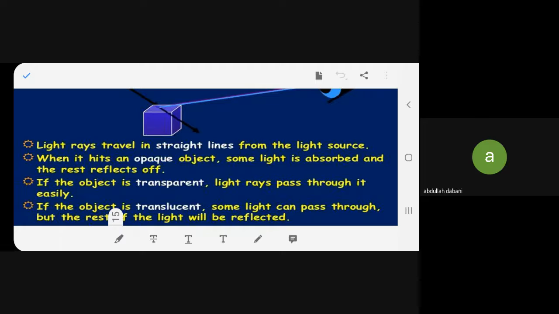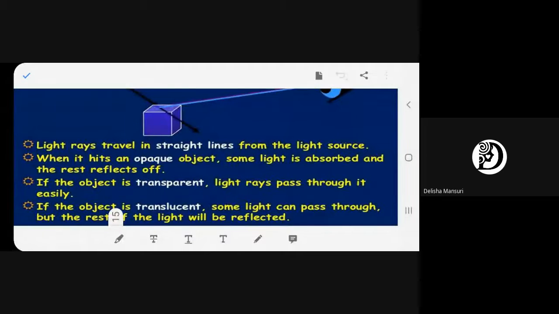What is the difference between opaque, translucent, and transparent? In transparent, we can see the object properly, and in translucent, we can see it blurred, not proper. And in opaque, we cannot see the object.